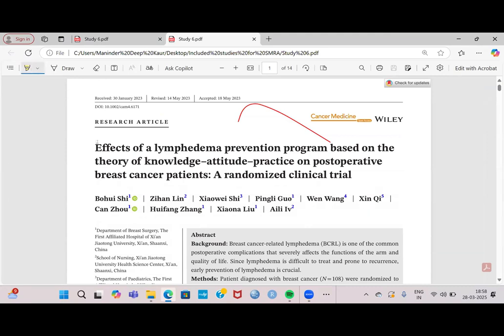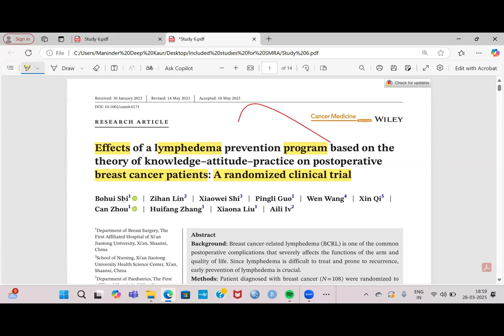So there is the effect, there is lymphedema, there is a program, and there are post-operative breast cancer patients. Lymphedema is basically a problem of post-surgical patients after removal of the breast or the modified radical mastectomy. So the design is a randomized control trial. So this study is answering my research question.